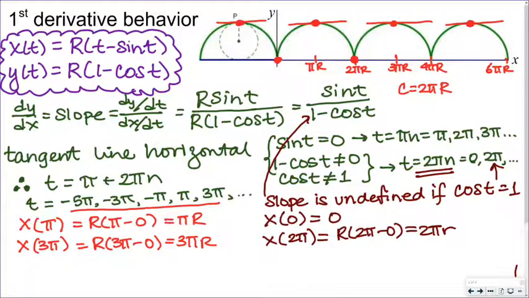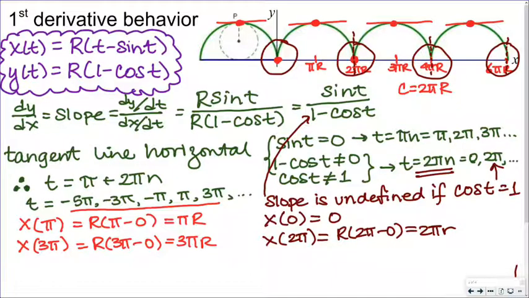Well, let's look at those points on the graph. That's right here. These are the corners, or I'm sorry, cusps that you see on the graph. And you can see in those places, the tangent line is vertical. So the slope of the tangent line is undefined, or the derivative is undefined. Okay.